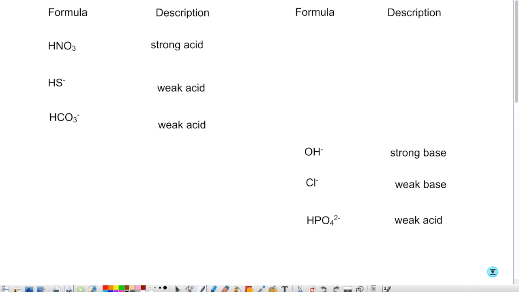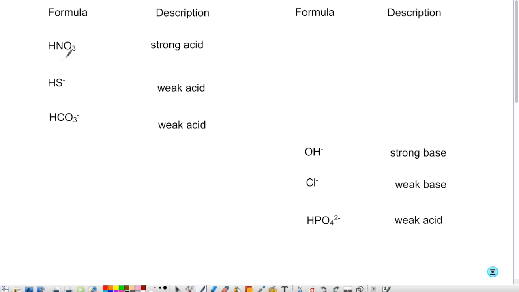So let's start working our way through this, and hopefully you'll see the pattern. And when you start to see the pattern, why don't you pause the video and fill out the rest of the table, okay? So here I have nitric acid, which I'm saying is a strong acid, okay? On this side, I'm asking for conjugates.